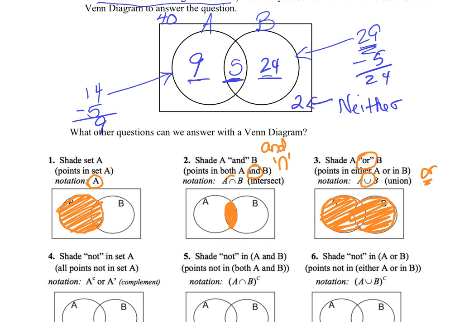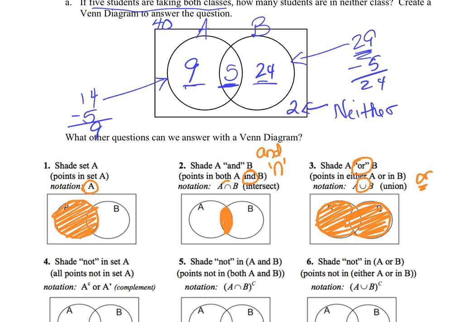You would add them up. In this particular case, I can do it here where we have 9, 5, and 24. Add all those together, you get 38. So there's 38 people. The and that we talked about is the overlap right here, so that would be 5 people.